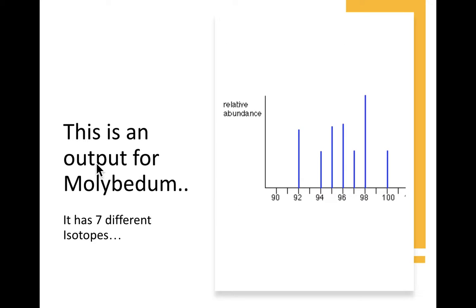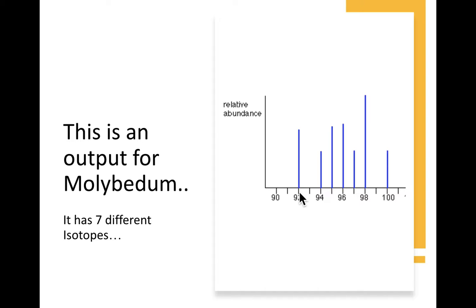This is an output for an element called molybdenum, and it has 7 different isotopes. And someday when you take IB or AP physics, AP chemistry, you're going to use this to figure out the percent abundance. But you can see that molybdenum has a lot of different isotopes.